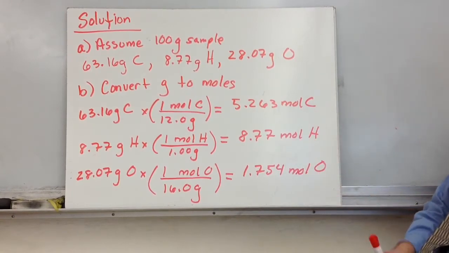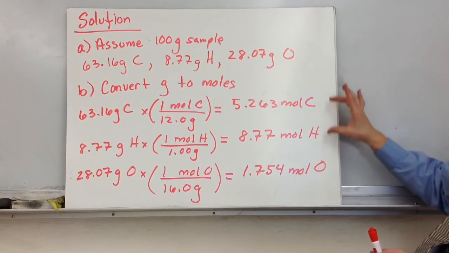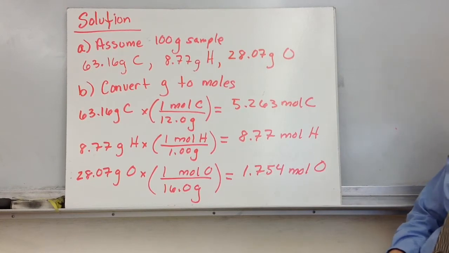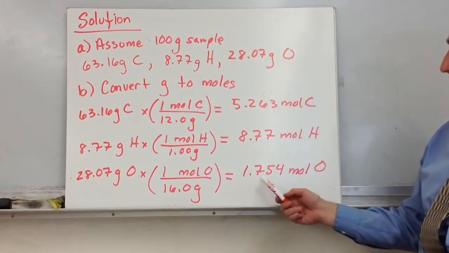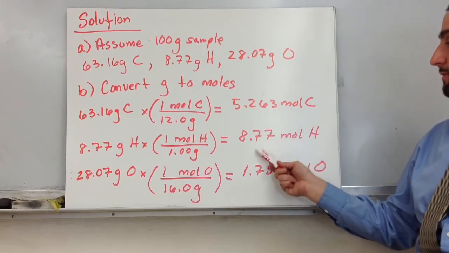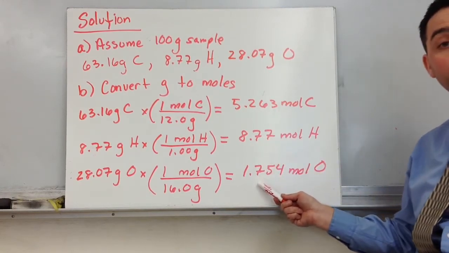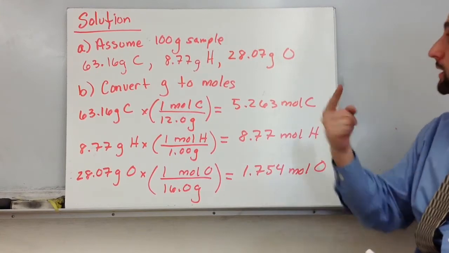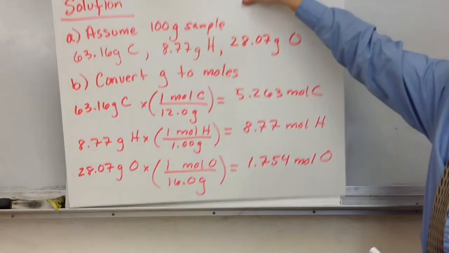So I can't stick with these numbers. They're decimals, they're not whole numbers. So I'm going to take the lowest number right here and I'm going to divide all the mole amounts by 1.754. I do that to get my lowest number down to 1. And that math looks like this.